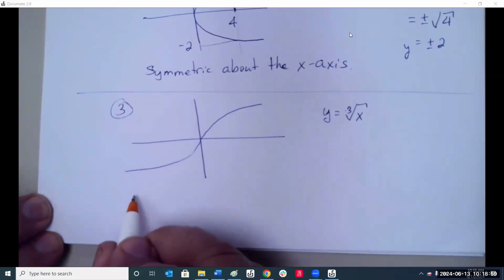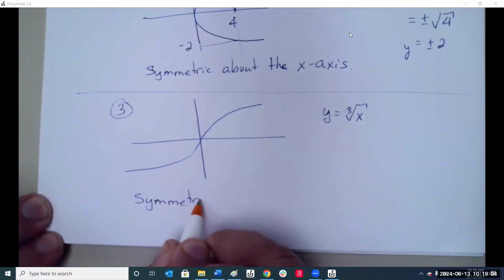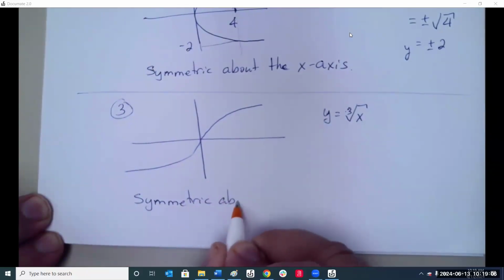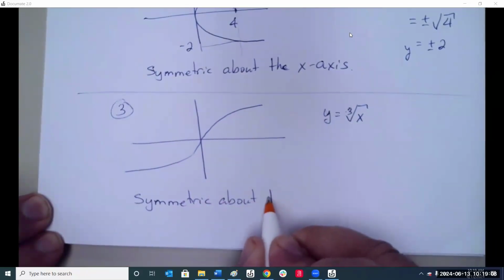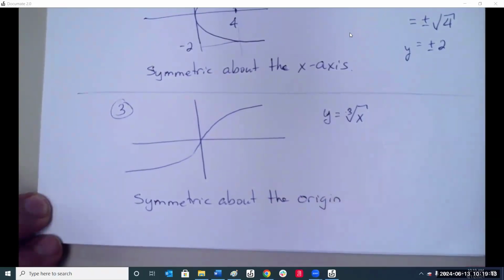It is a function. It is symmetric about the origin.